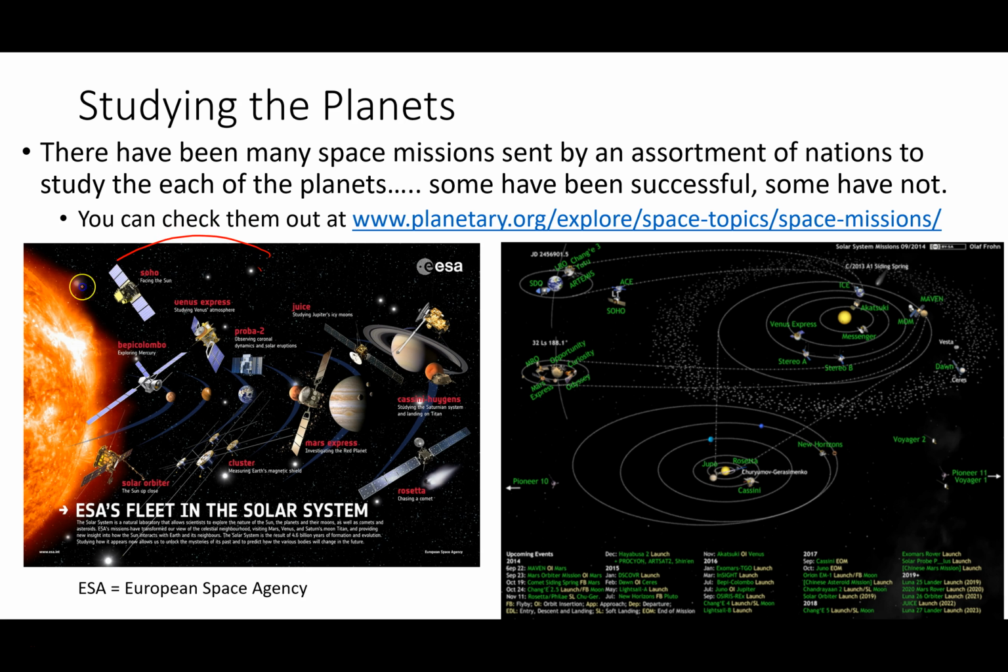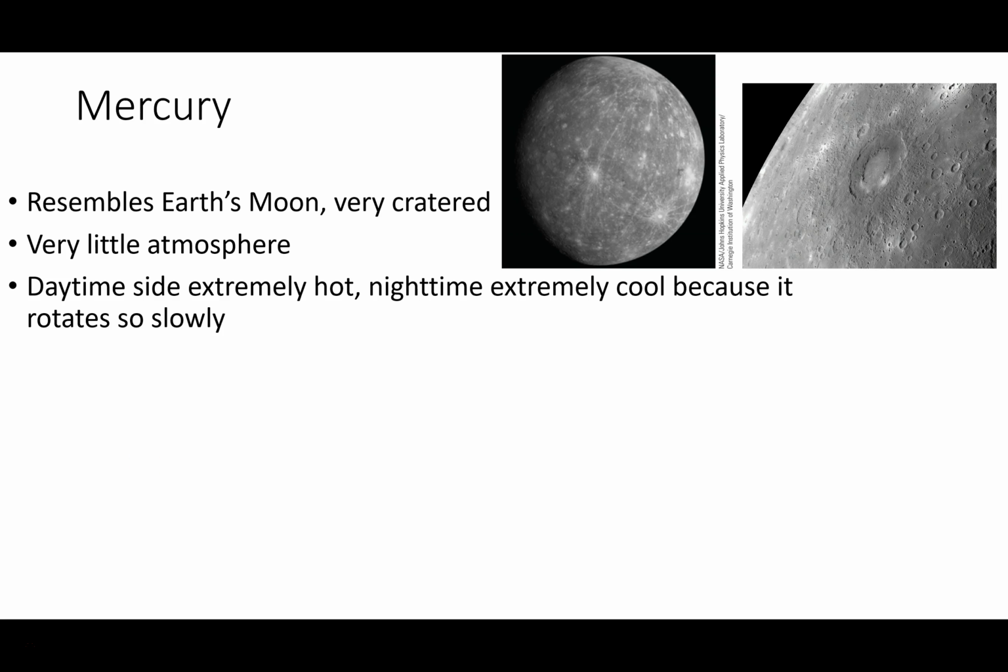So this is just kind of a menagerie of some of the awesome sort of vehicles that have visited planets. Now, you're familiar with NASA. You might not be as familiar with ESA as NASA, but ESA is the European Space Agency. So that is so cool, so cool.